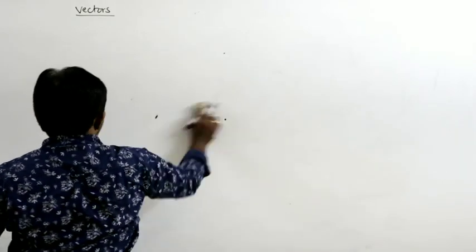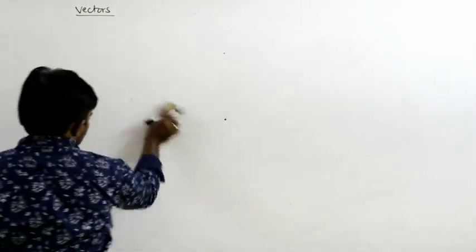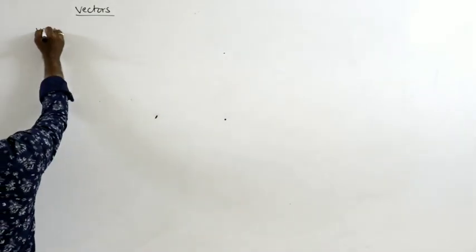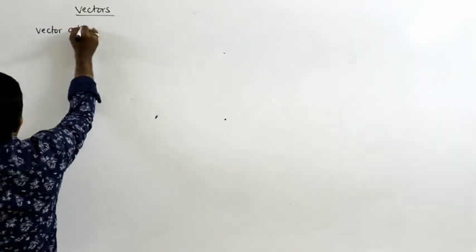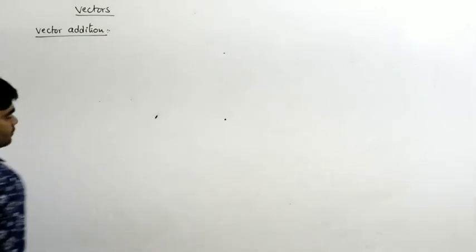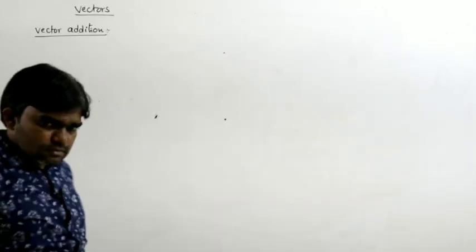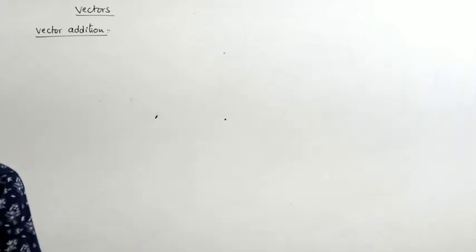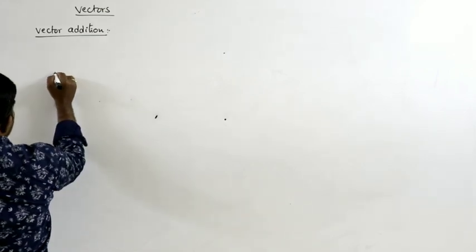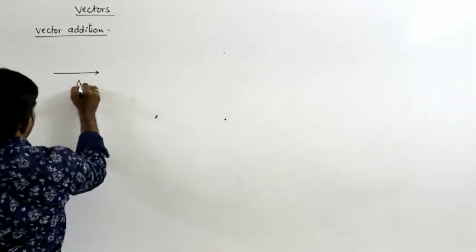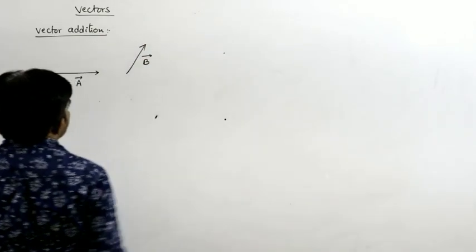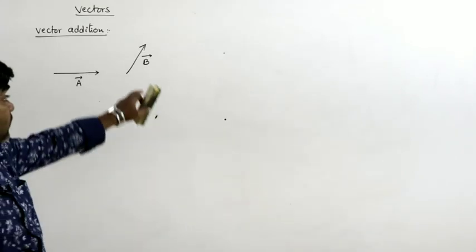See here. First we have to go through vector addition, the graphical method. So for example, let us say this is the vector A bar and this is the vector B bar.